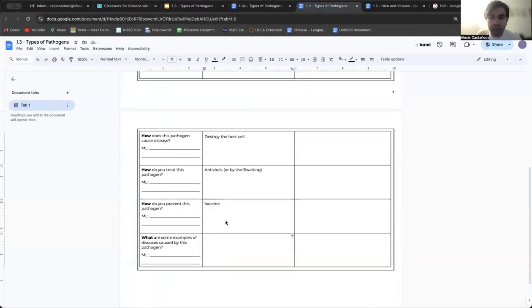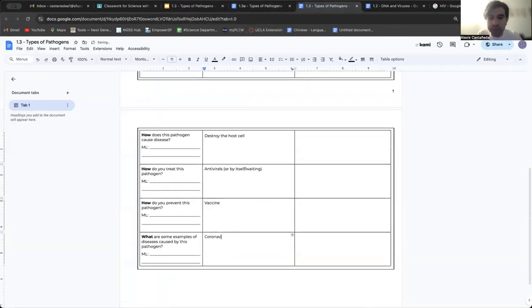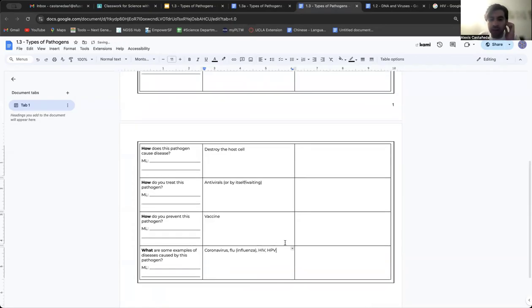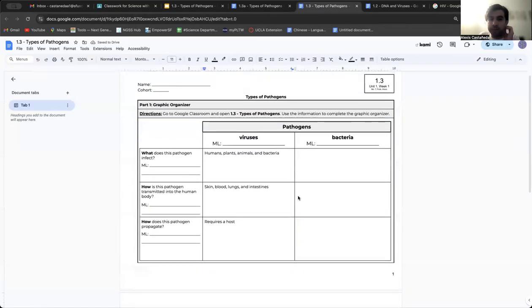Influenza is the same thing as the flu. We are very lazy in English and we like to make shorter words. All of these are diseases that are caused by viruses.